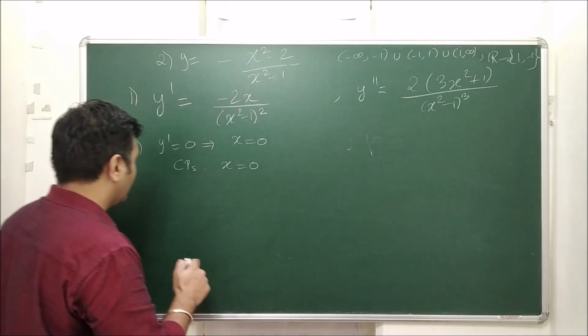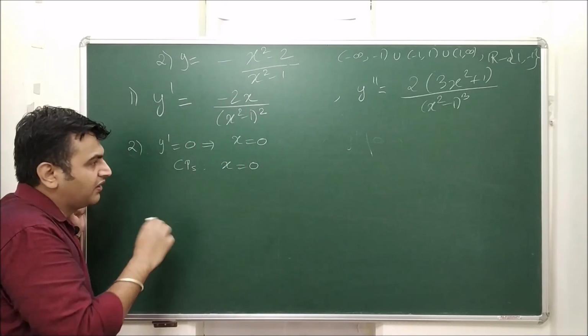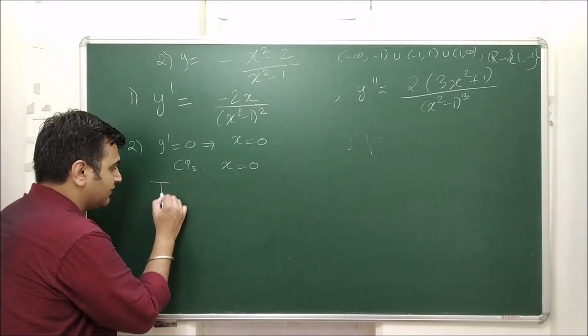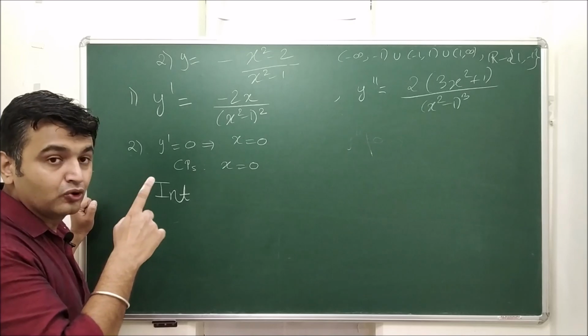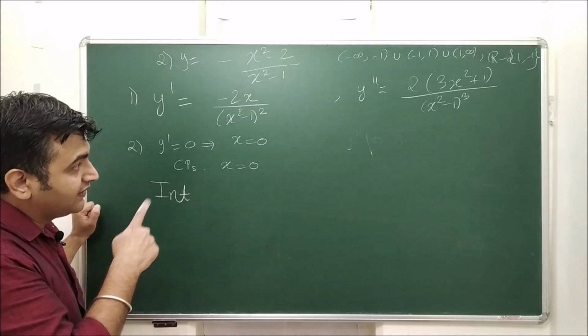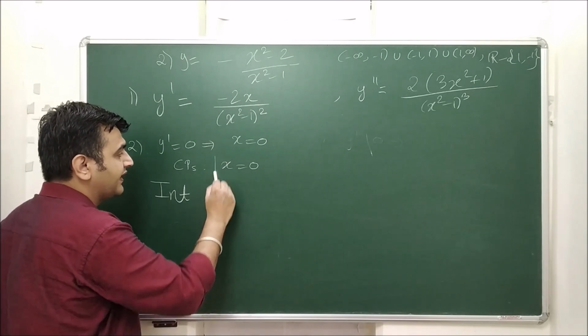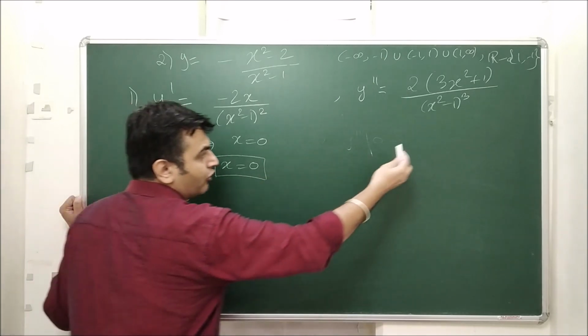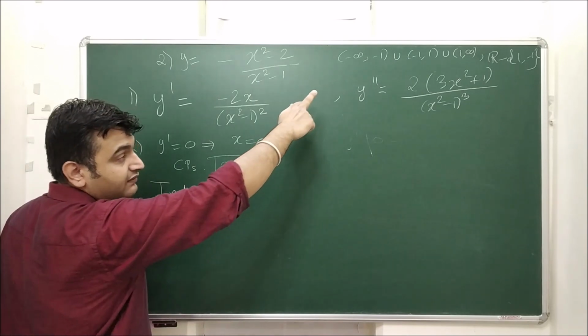So you actually have to make the table for increasing, decreasing, and concavity, but I am directly combining the table. I will draw the intervals. I will take the points from the domain, from the critical points, and from the points where y'' is 0 or not defined. Which points do I have? I have x equal to 0. From here I am not getting any points, and minus 1 and 1 are not in the domain.